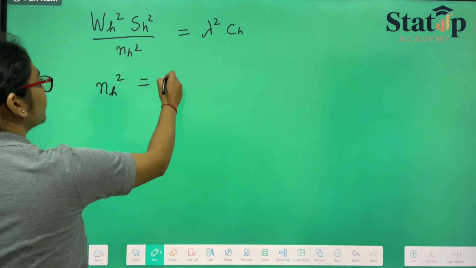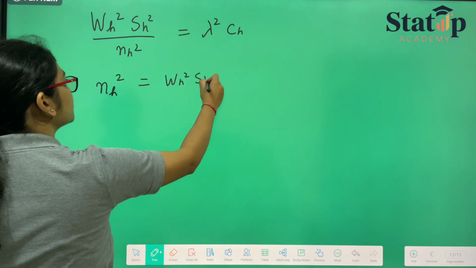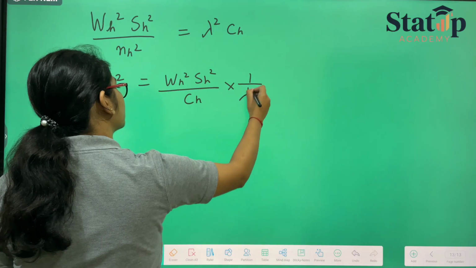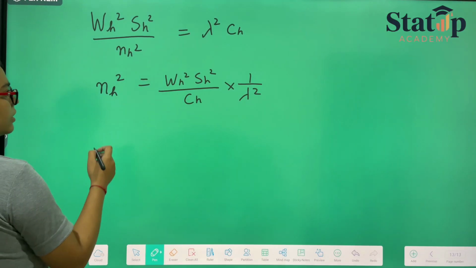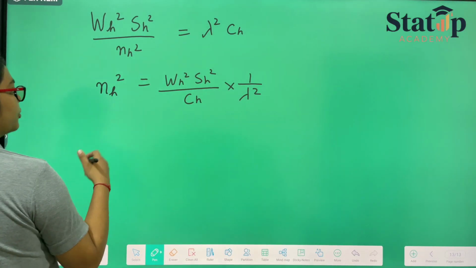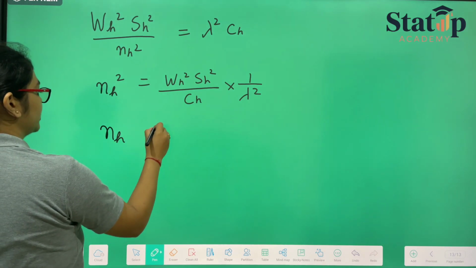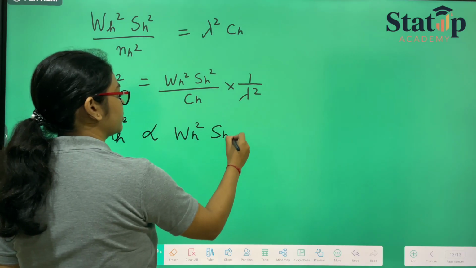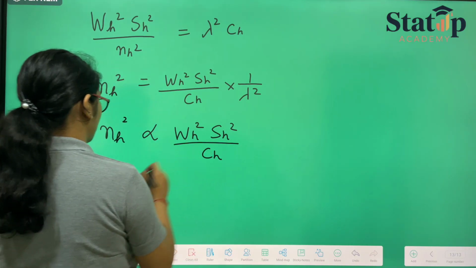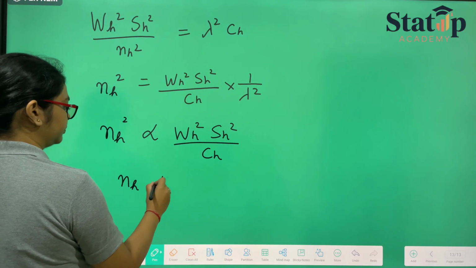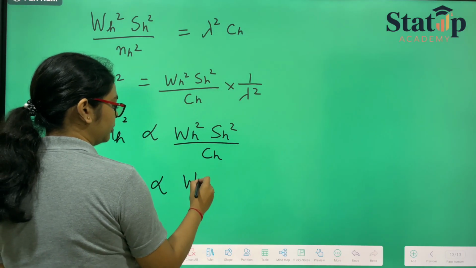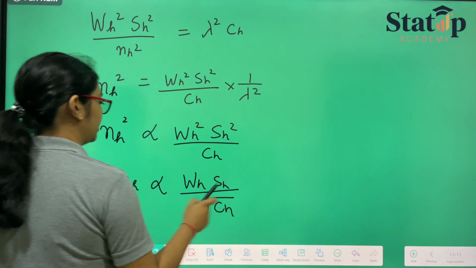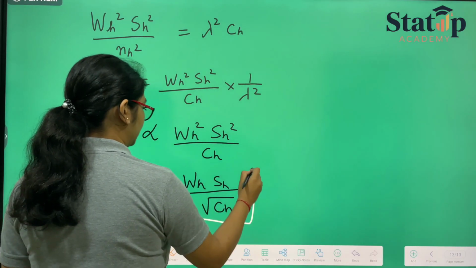nh square is nothing but Wh square Sh square upon Ch into 1 upon lambda square. Taking the constant away and putting the proportionality sign, we will get nh is directly proportional to Wh square Sh square upon Ch, and nh is directly proportional to Wh Sh upon under root Ch, taking the under root on both the sides.